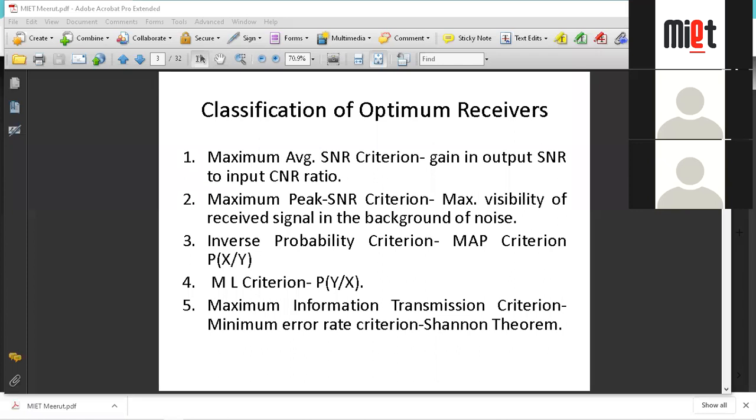Now let's talk about the fifth classification. That is the maximum information transmission criteria. We have already mentioned it, but there is something else along with it: the maximum information and minimum error rate criteria.